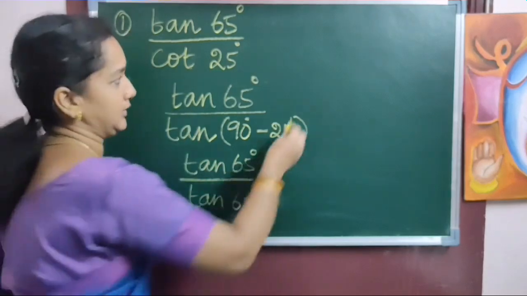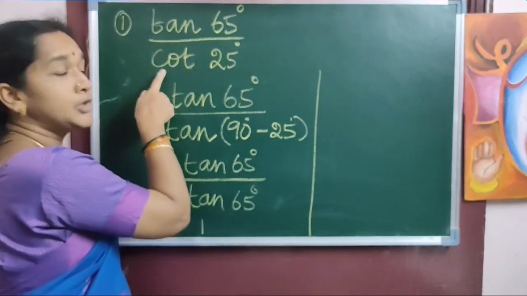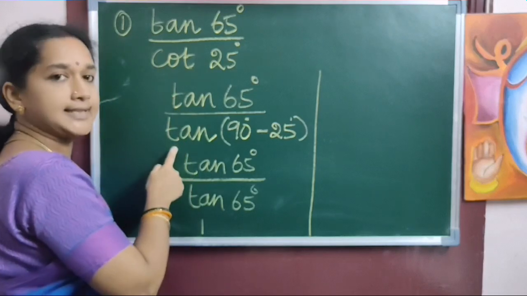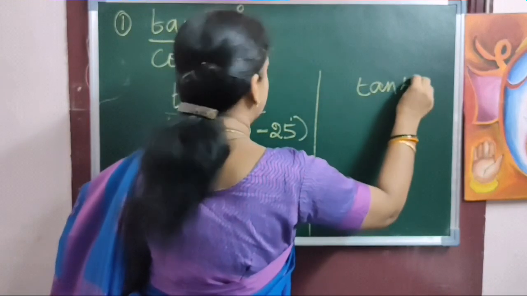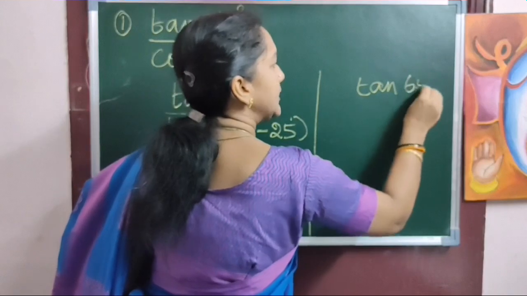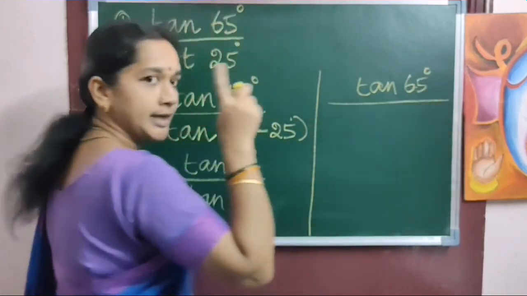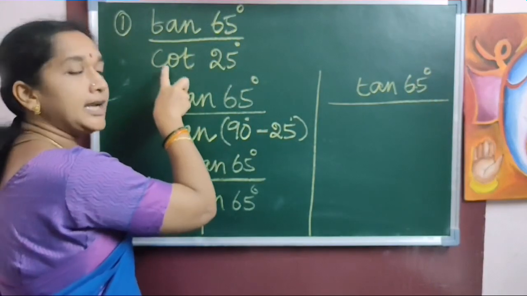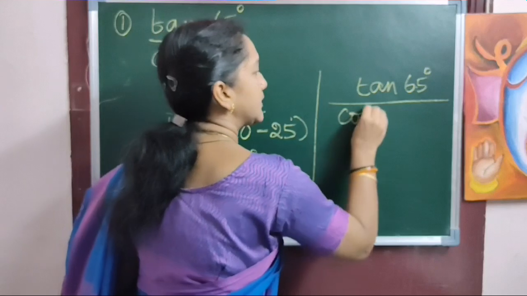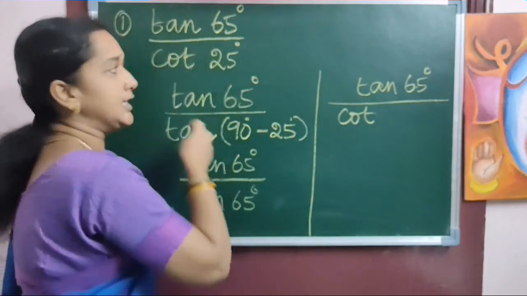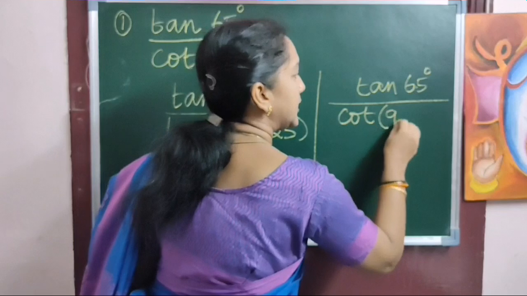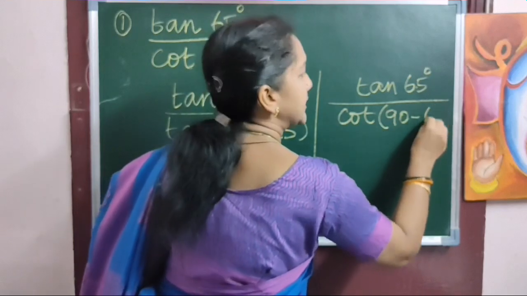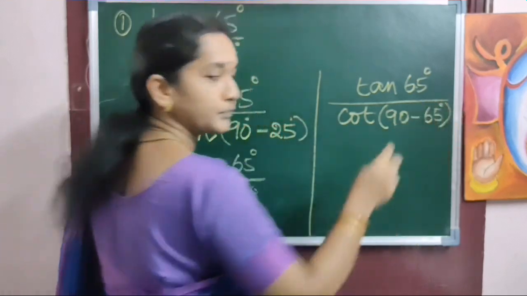Now the other method. Instead of changing cot to tan, you write the numerator as it is, tan 65 degree. In the denominator, you write the cot as it is and change the degree. How do you get 25 degree? That is 90 minus 65.